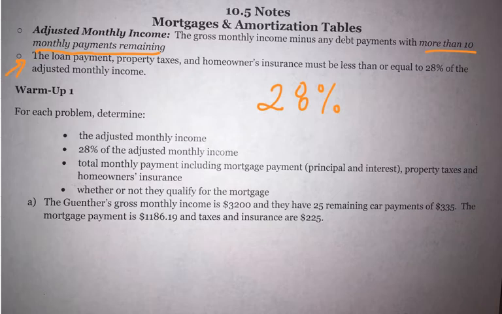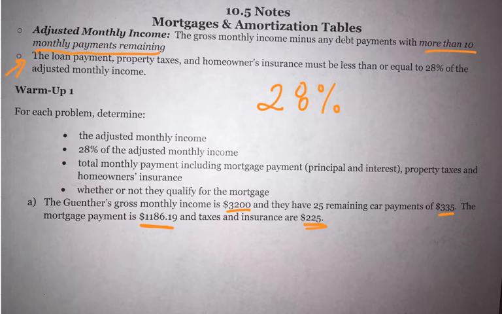The Gunthers' gross monthly income is $3,200, and they have 25 remaining car payments of $335. The mortgage payment is $1,186.19, and taxes and insurance are $225. We start off by finding their adjusted monthly income.